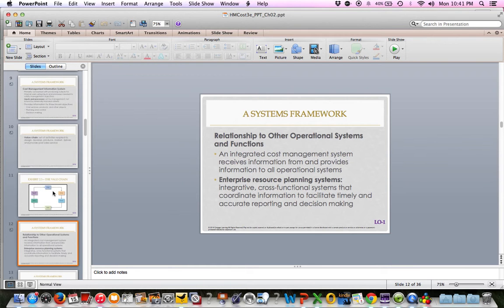They say integrative, cross-functional, coordinate information to facilitate timely and accurate reporting and decision making. So it's not just accounting information. We're using information from multiple systems, integrating that into one report or reports using one system that management can rely on.